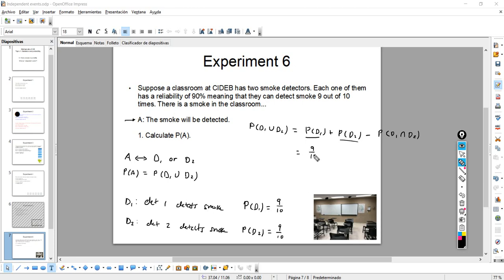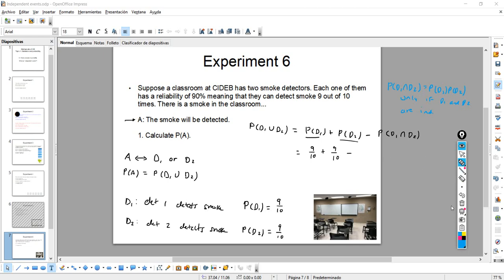So let's write them down. 9/10 plus 9/10 minus the probability of D1 and D2, which I can get rather quickly through means of this formula, if I know that D1 and D2 are independent. Only if D1 and D2 are independent can I use this formula.